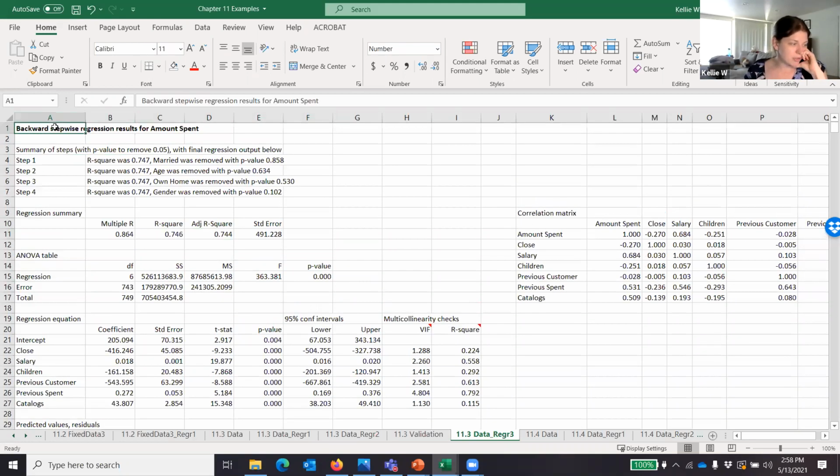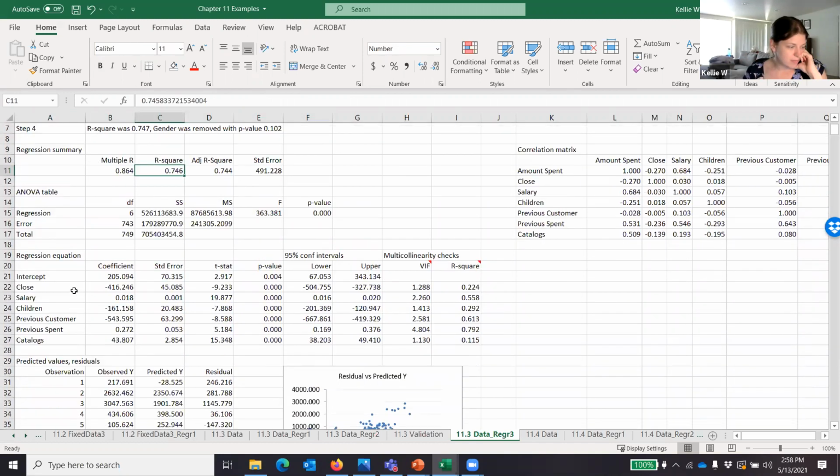So with this approach, you get a slightly better mixture of variables. Comparing the two, looks like, oh no, they came out with the same.